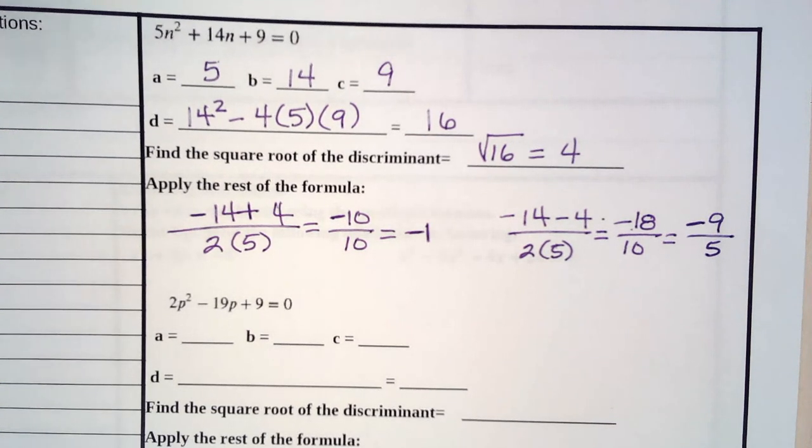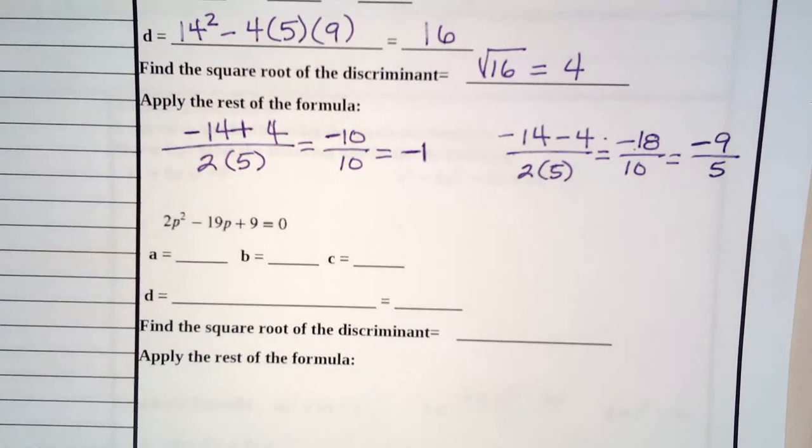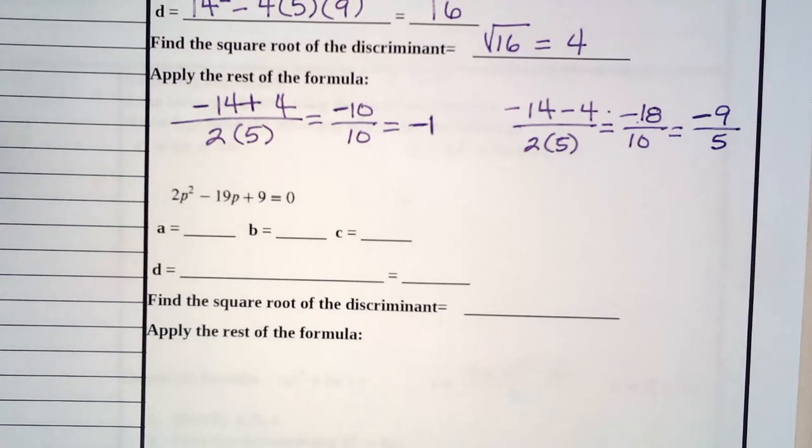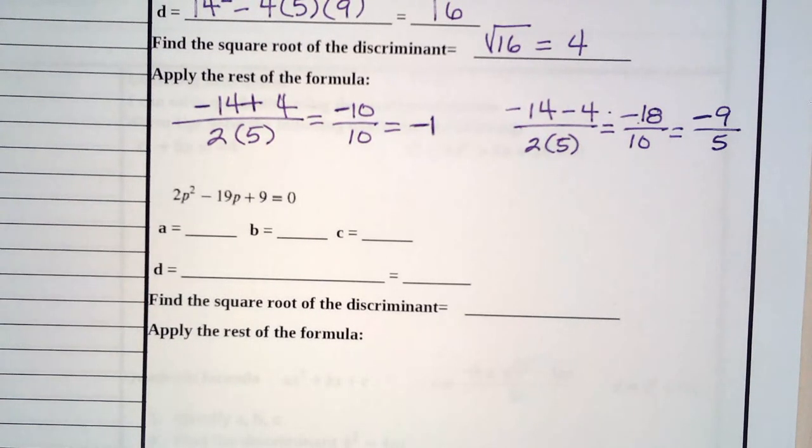Okay, for the next one, pause the video and see if you can go down through the discriminant. Can you identify a, b, and c? Can you find b squared minus 4ac? Pause the video and see if you're starting to learn.